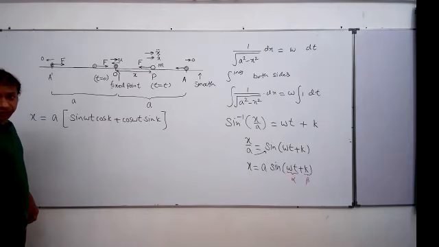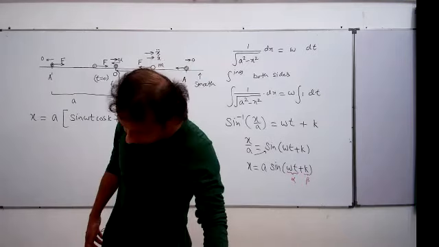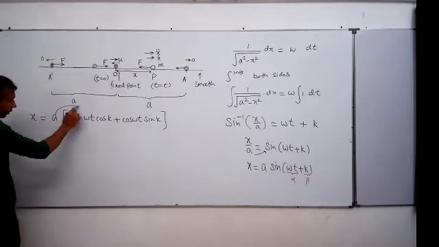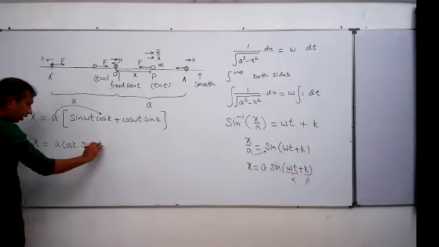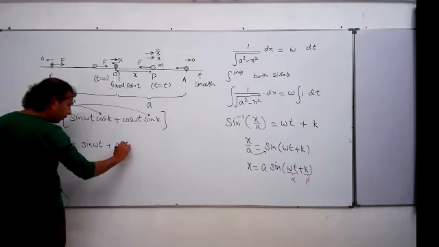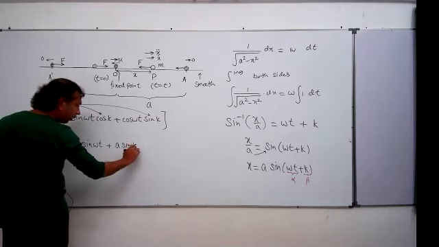This a also is a constant. Then here, a and this cos k we can multiply, people. a cos k sin omega t, and this a and sin k, a sin k times cos omega t.